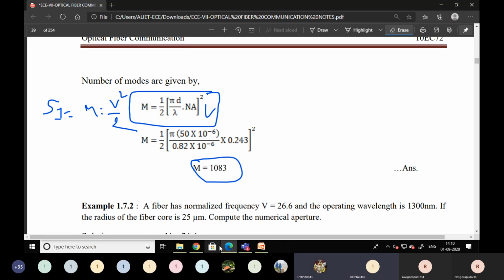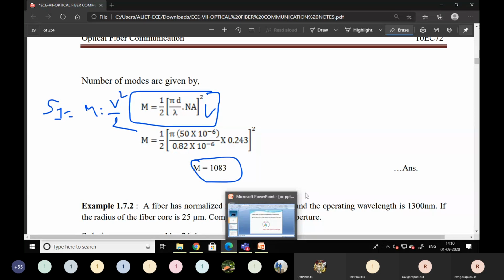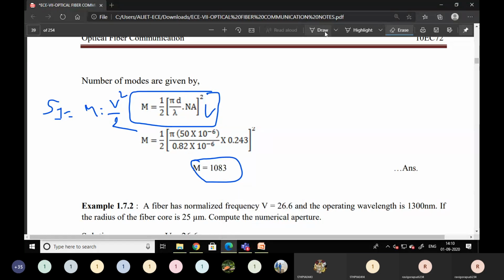Sir, 0.22. Yes, so 43 got 0.22. Still any answers from anyone? Very easy problem. Try to make it fast. Number 5 is here. 405 is absent, sir.